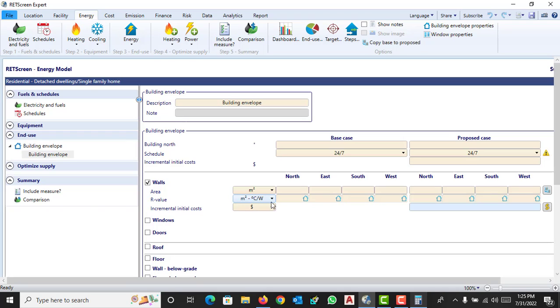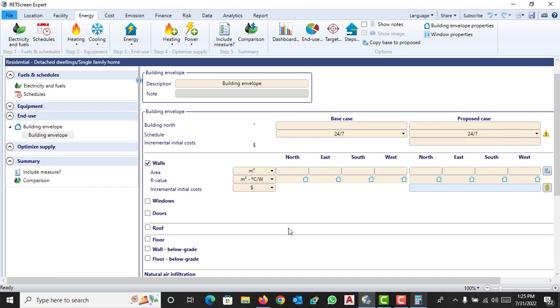Then you just put the R value of your north wall, east wall, south and west wall, and put the area of these walls. In the proposed case, you can increase your R value. By increasing your R value, you will also decrease the air conditioning consumption. So these all are part of the energy audit. I'm not considering these now.